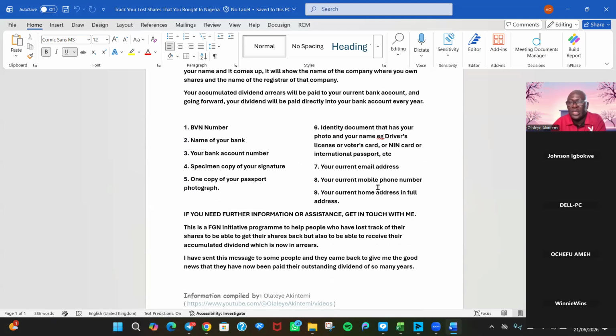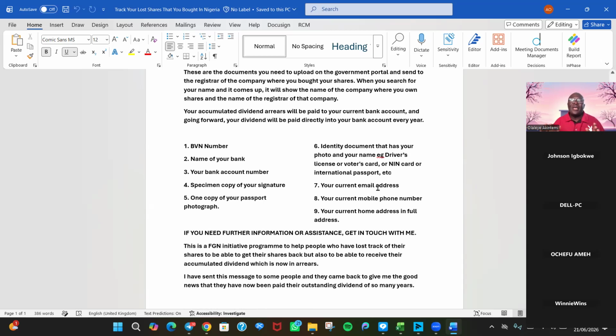It's not just a case of, oh, I disappeared for 10 years, now I reappear and I want to collect my dividend. No, you have to prove that those shares belong to you. You have to show them some information.